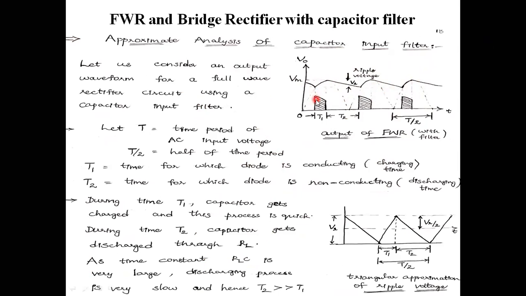In this diagram, the maximum voltage is Vm, the peak to peak ripple voltage I am taking as Vr, and the charging time we have taken as Tc. Here we are taking the time as T1, and the discharging time as T2. This is the charging time.